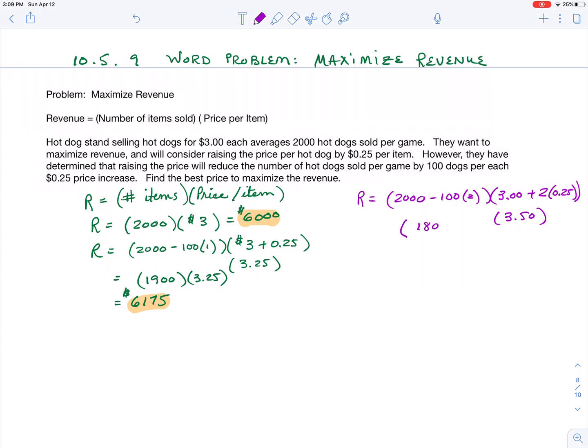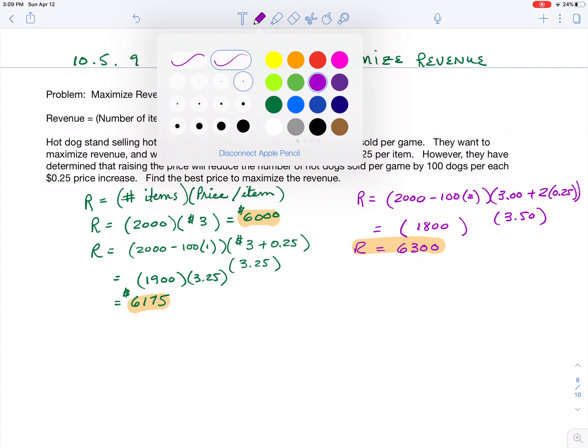So that brings us down to 1,800 sold. And, whoops, I multiplied that wrong. Let me try that again. That brings me to $6,300. Okay, so that's still higher, getting higher there as I increase the price. So there's going to be a sweet spot. Let me see if I can do one more for you.